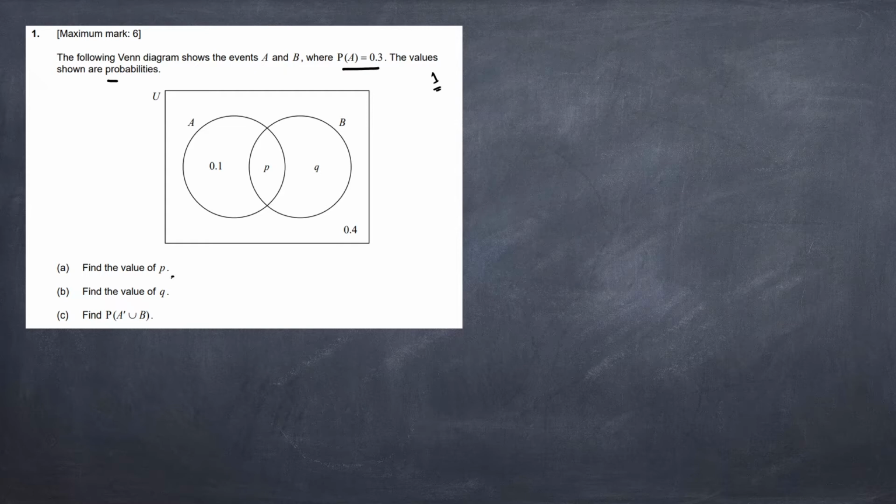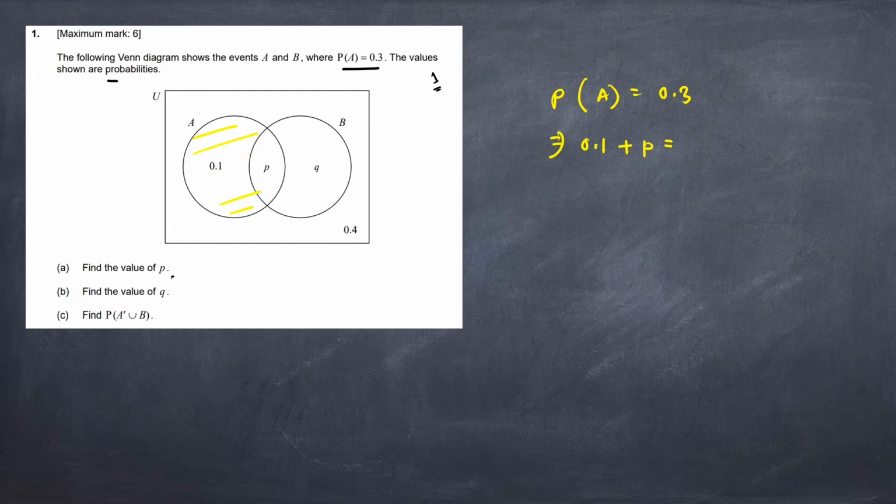As you can see from this particular question, P of A is given as 0.3. So ultimately this complete value P of A is 0.3. Then I can write 0.1 plus P is equal to, here as you can see, this is the value of P and this is 0.1.